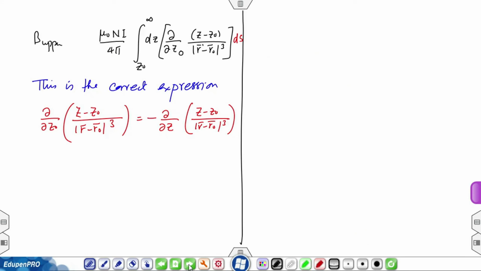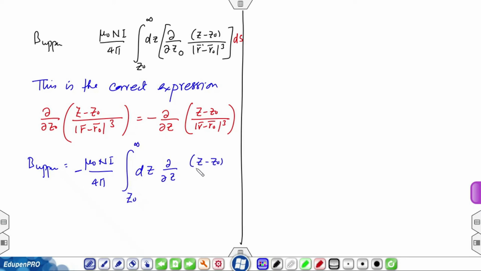So, B upper is equal to mu naught n I over 4 pi integration z 0 to infinity d z with the minus sign outside, partial z of z minus z 0 over r minus r naught cubed d s.